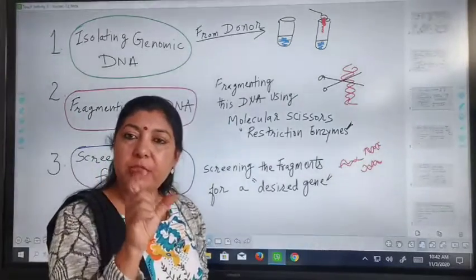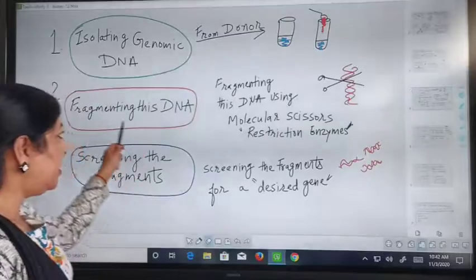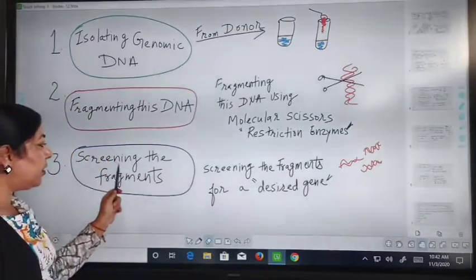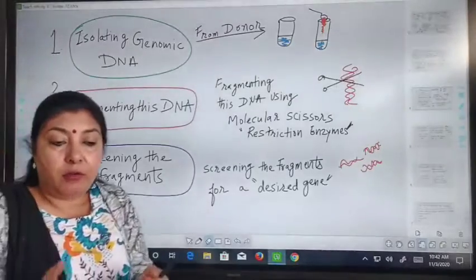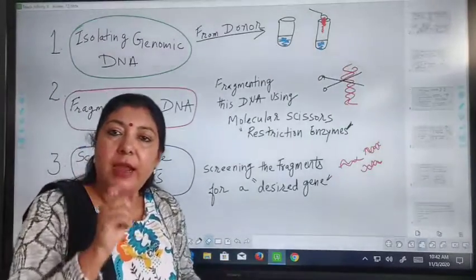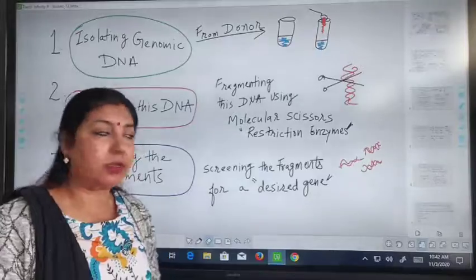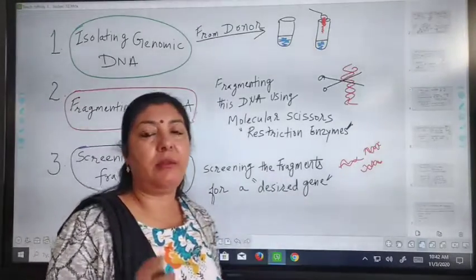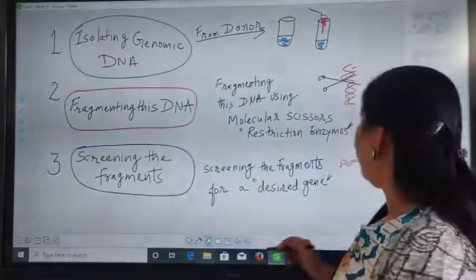They give specific fragments. That is step number 2. Step 3 is screening of the fragments. We look for the desired genes from those fragments. So screening the fragments for a desired gene is step number 3.